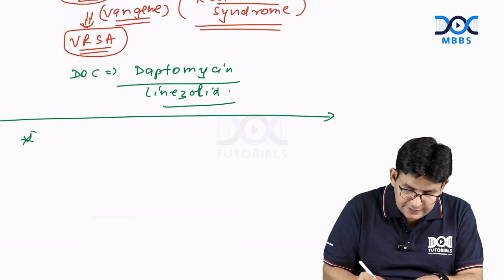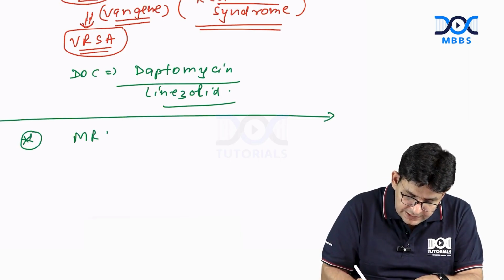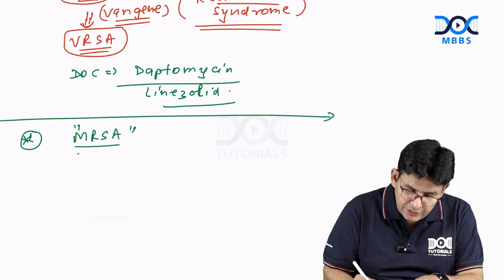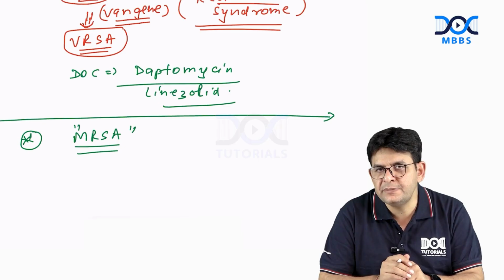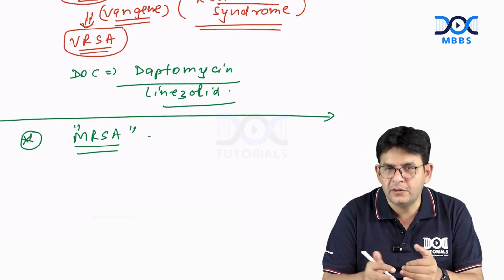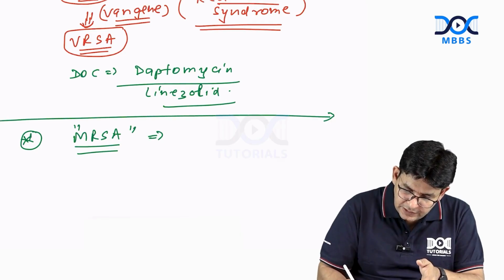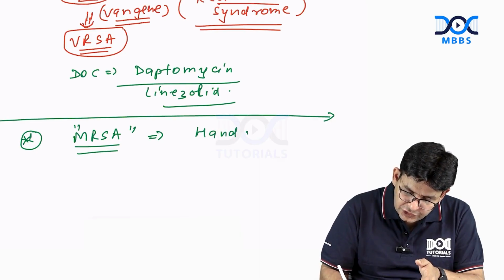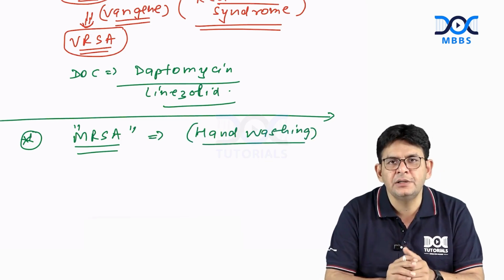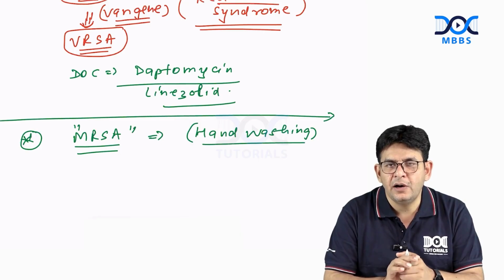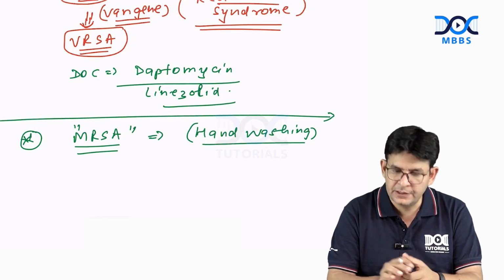Other than that, this question came: what is the best way to avoid nosocomial spread of MRSA in a hospital? So this particular one is what? That is hand washing. Hand washing is the best way to avoid the nosocomial spread of MRSA in the hospital.